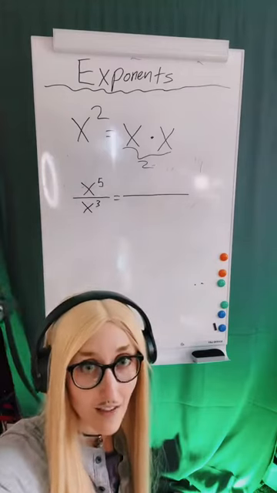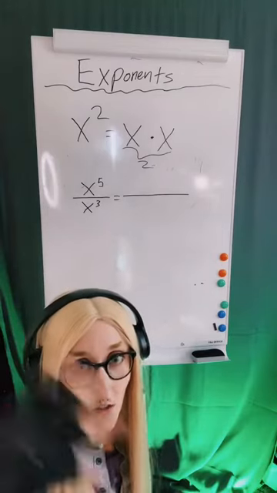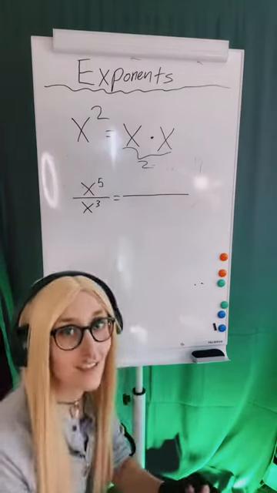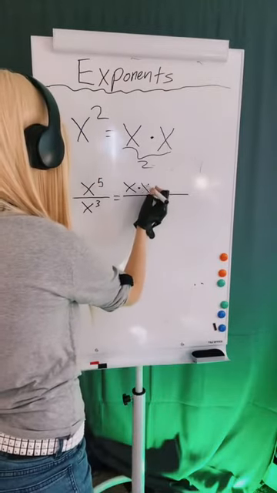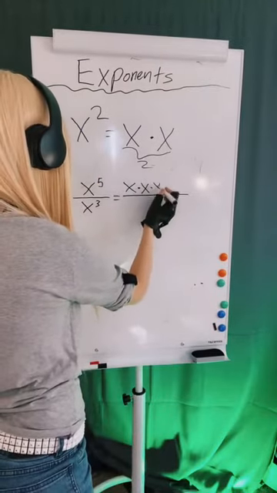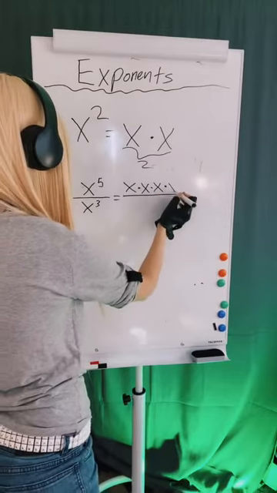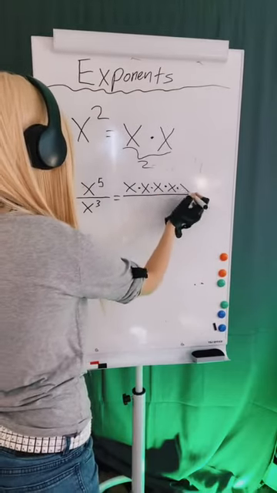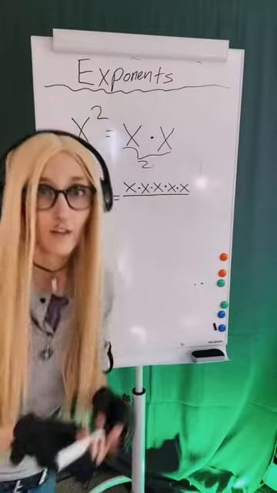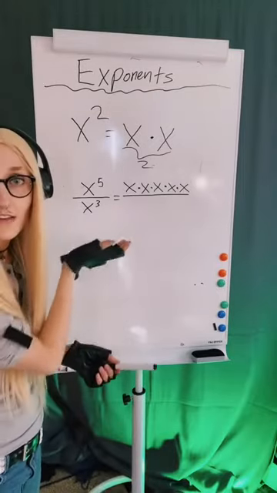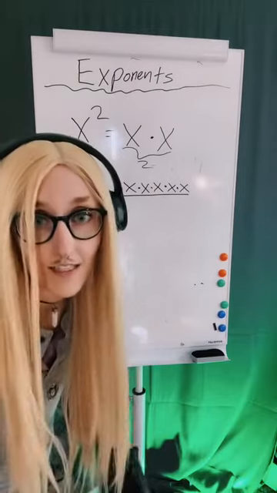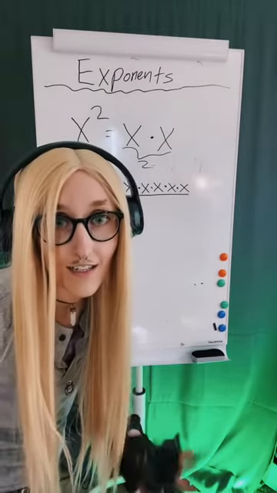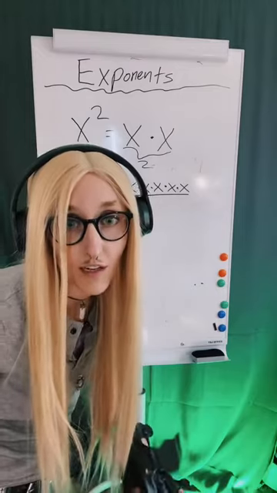X to the 5th is 5 x's, so I'm going to draw those out. 1, 2, 3, 4, 5. All right, that's what the top says. X to the 5th, 5 x's. That's all that's saying. Now we're going to do the bottom part.